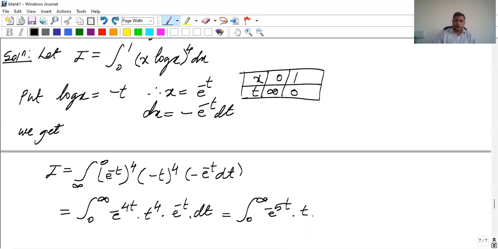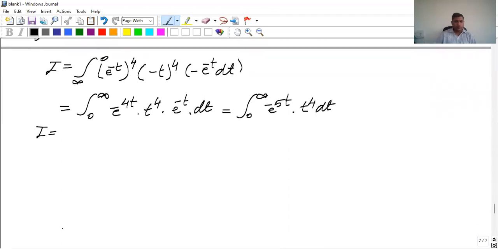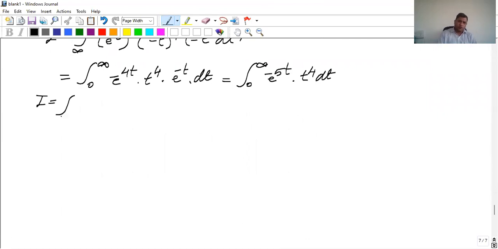Yes. Okay, so this is the integral. This e raised to minus t and this e raised to minus 4t we can add up to get e raised to minus 5t. Now I is equal to the integral from 0 to infinity of e raised to minus 5t, t raised to 4 dt. Again we have to change the variable.